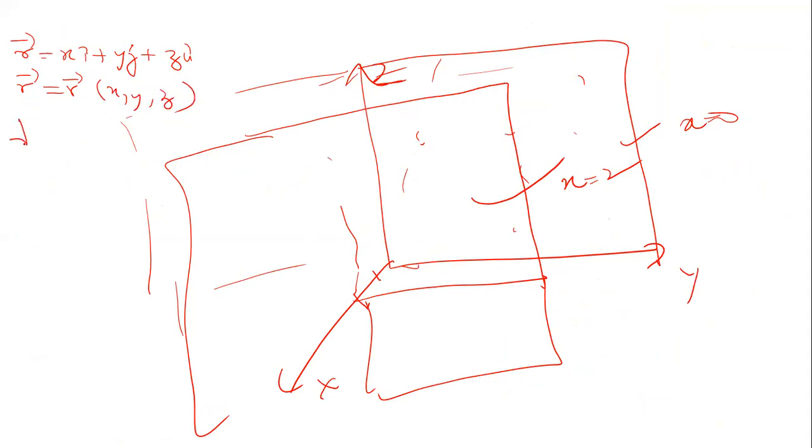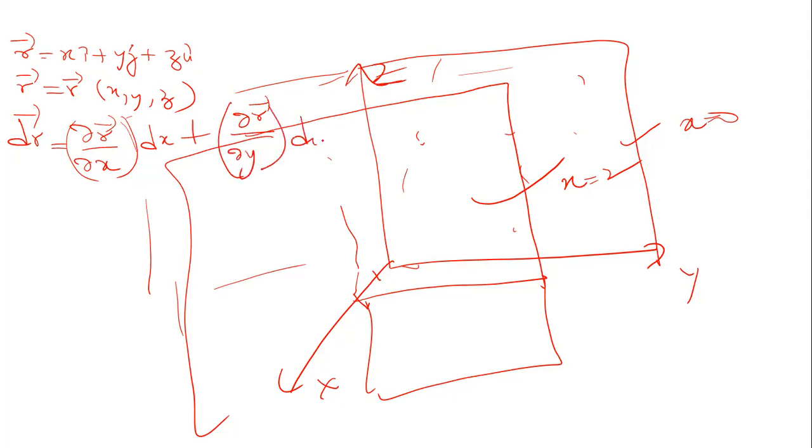You can consider any change in r, dr, like we discussed before in the case of a scalar function: derivative of r with respect to one of the coordinate variables into dx, plus dr vector upon dy into dy, plus dr vector upon dz into dz.